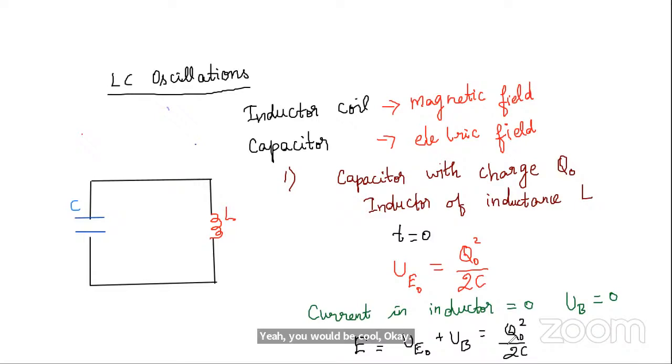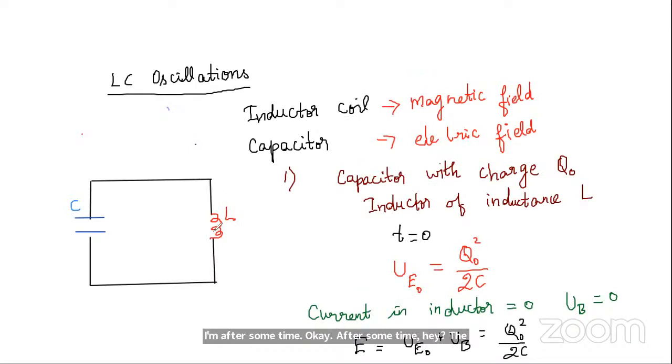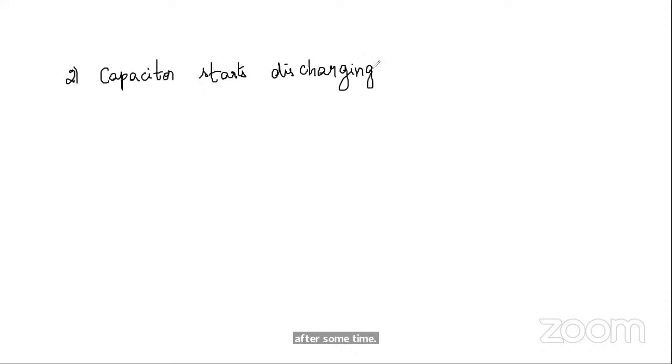And after some time, since the charged capacitor is connected to this inductor coil, the capacitor starts to discharge. Discharging means charges will flow through the circuit.